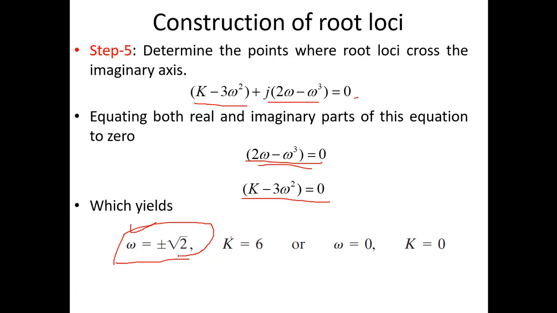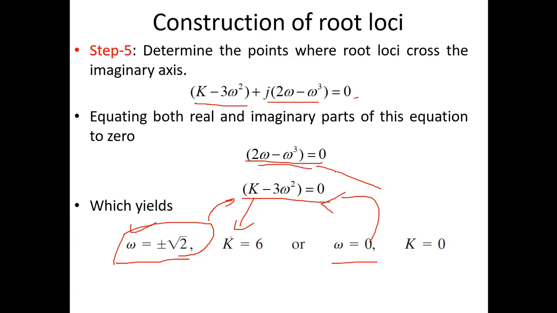So if you put ω equal to plus or minus root 2 into this equation, you will get the value of K as 6. But if you put ω as 0, you will get K as 0.